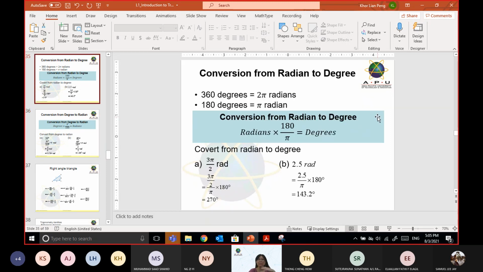So this is about the conversion from radian to degree. Just now students talked about your calculator: we should change the mode for degree and for radian. So what is the relationship between the degree and the radian? We look at this slide first.